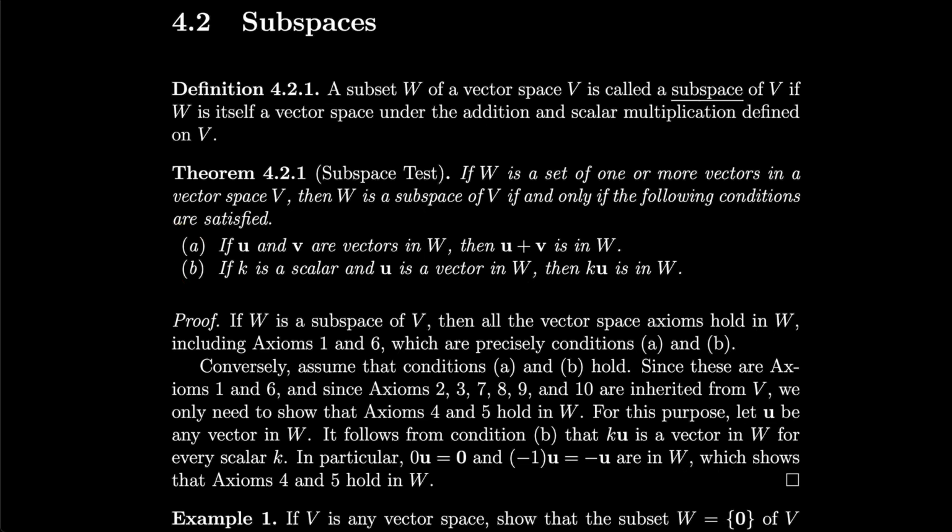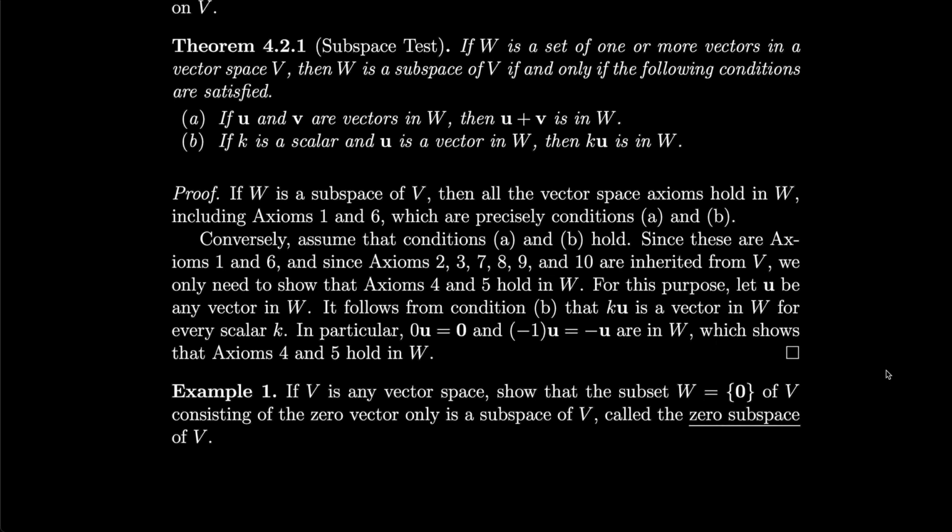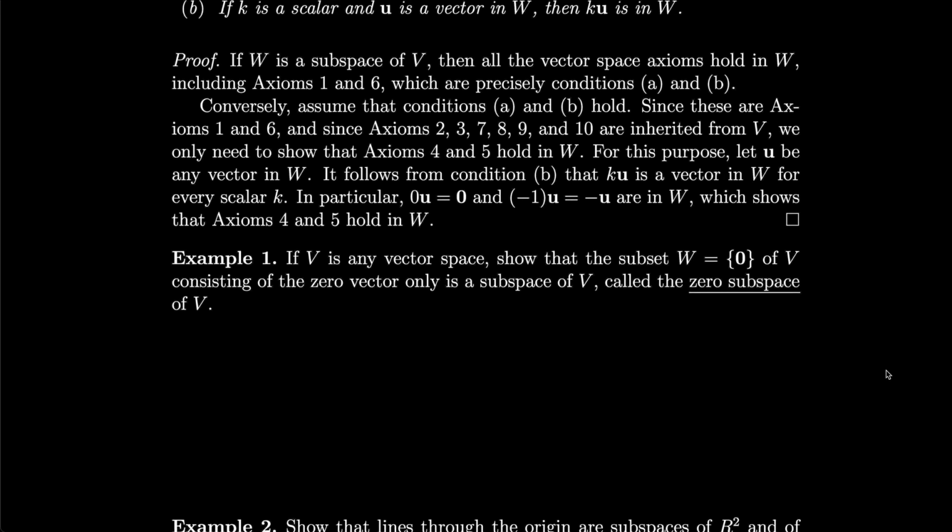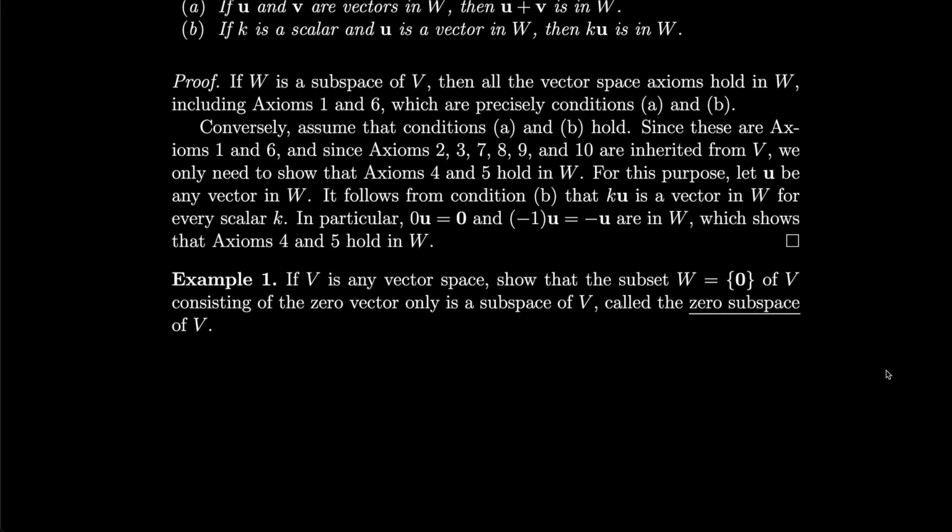As an example, how about we take V to be any vector space, and we'll show that the subset W equals the 0 vector of V, consisting of the 0 vector only, is a subspace of V called the 0 subspace of V. We just have to check if the sum of any two vectors in W is a vector in W, but notice 0 plus 0 is equal to the 0 vector.